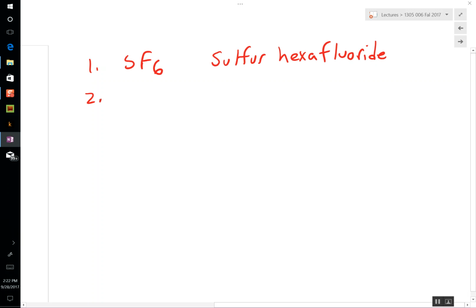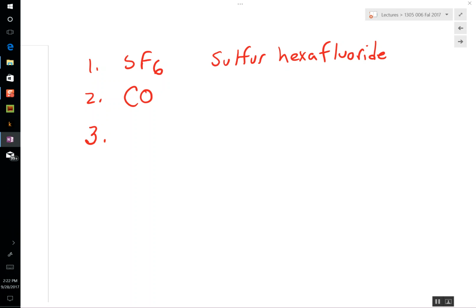Okay, we got carbon monoxide over there. Carbon monoxide. Just carbon monoxide. If there's nothing in front of it, assume there's one of them. Assume one. So we just have carbon, no prefix. So there's one carbon. But we're saying how many oxygens because it can have different numbers of oxygen.